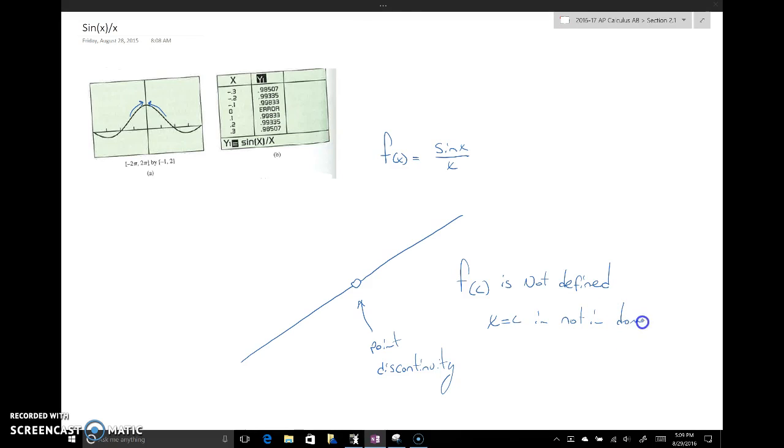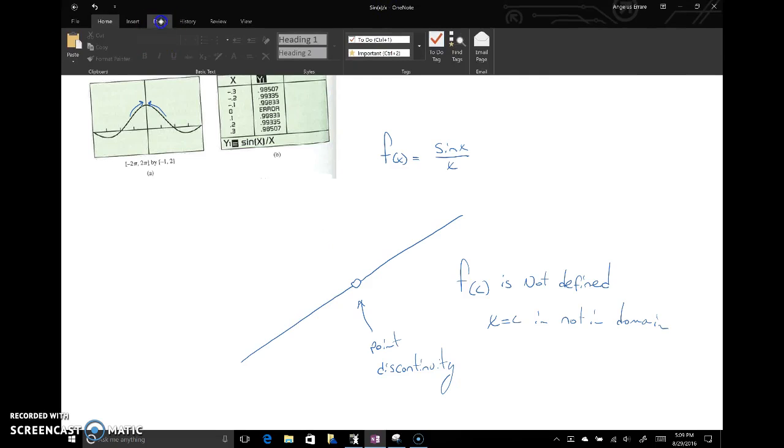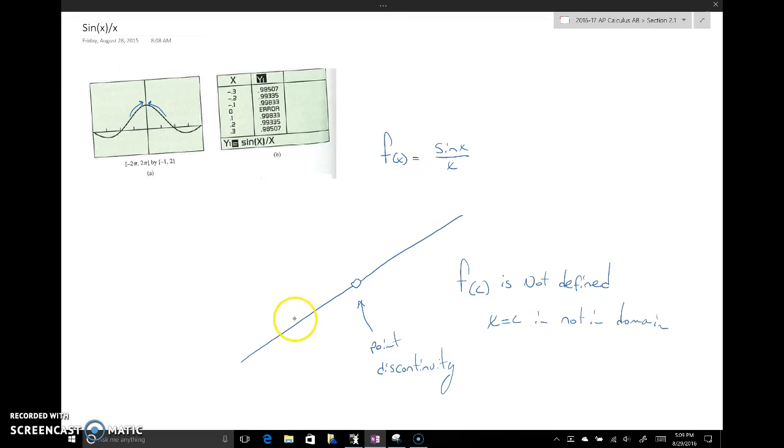These are all ways of saying the same thing. So the function can't be evaluated there, but if we look from each side, as we get really close to but not touch that point, the function does appear to be approaching a value. That's the idea of a limit.